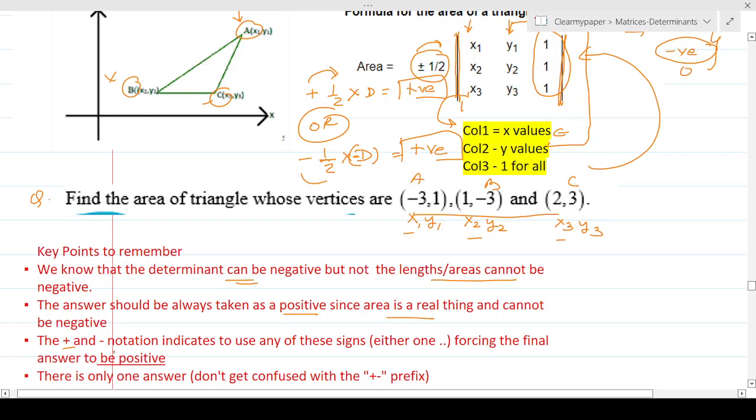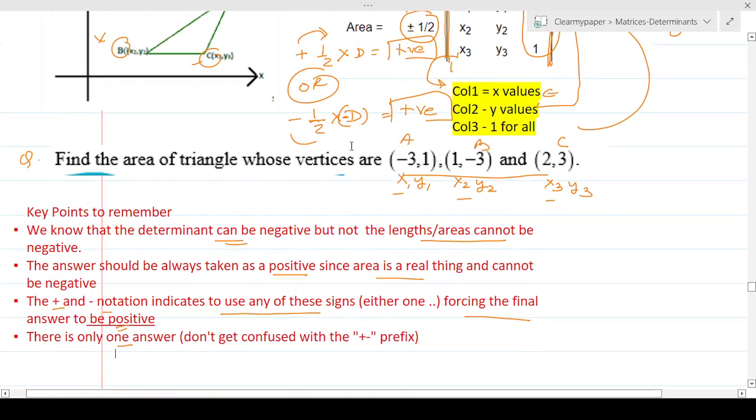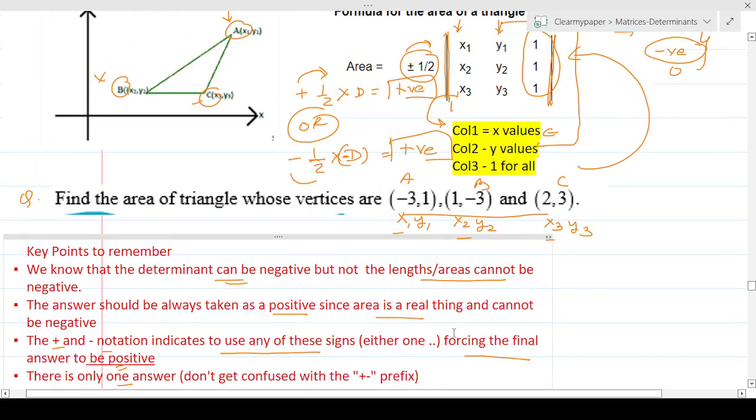The plus or minus notation means use either of these signs, forcing the final answer to be positive, and there is only one answer. So do not get confused by the plus or minus prefix. There are no two answers. You cannot say the area is plus 5 and minus 5 square units. That's not true. The area cannot be negative and there's only one answer. It's always going to be plus 5 or whatever the answer is.